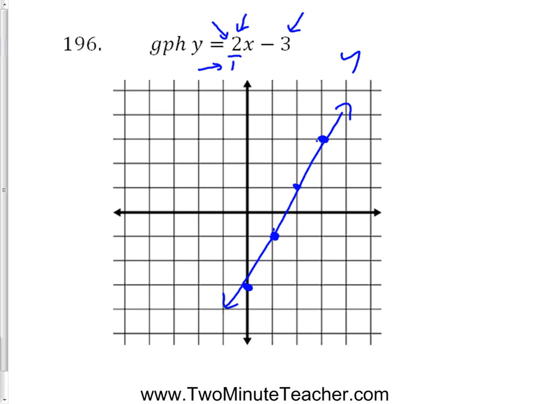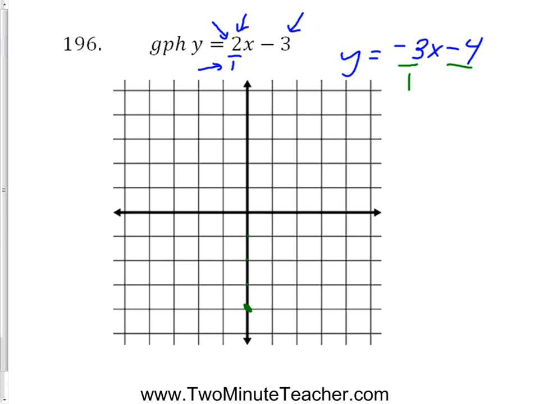Now, when they're a little more complicated, like y equals negative 3x minus 4 or something, I start at my y-intercept of negative 4 right here, so I go down 1, 2, 3, 4, and then I'm going to want to do a slope of negative 3 over 1, which means fall 3.